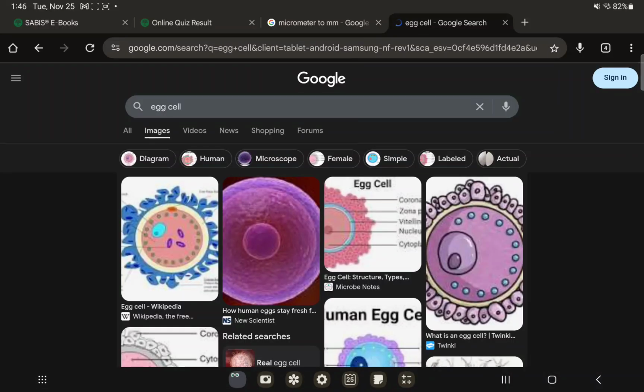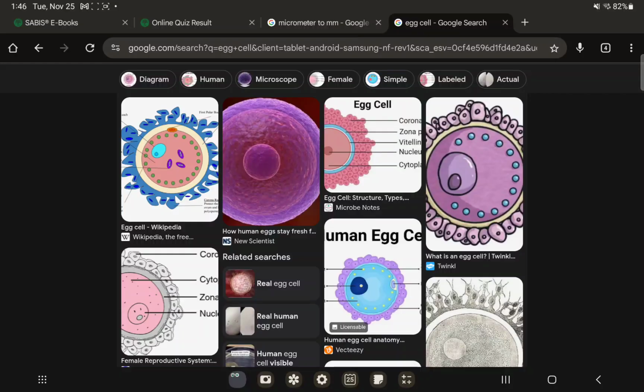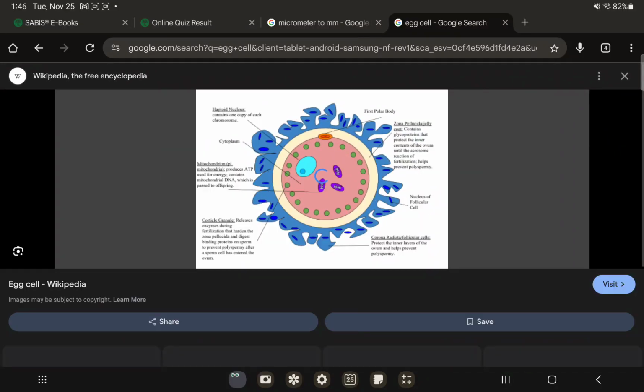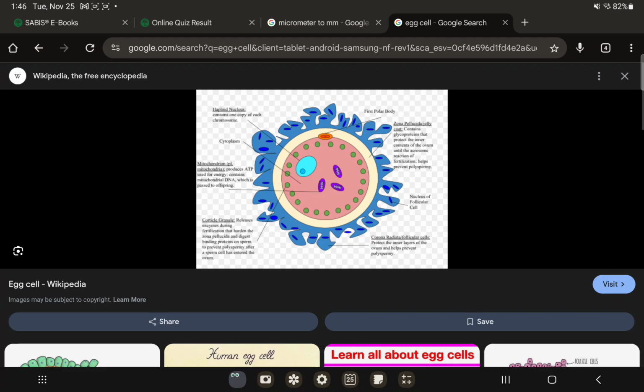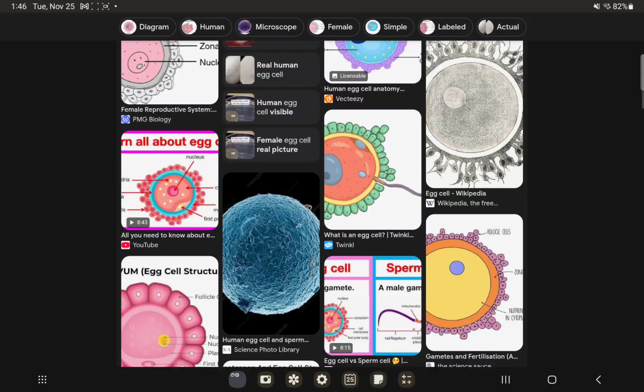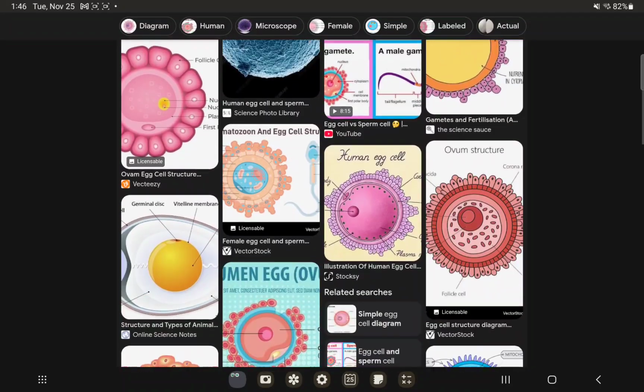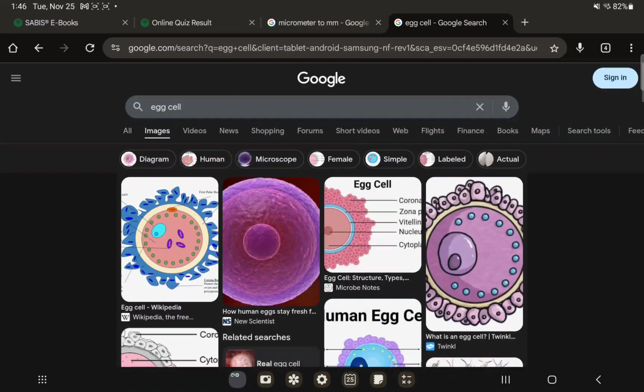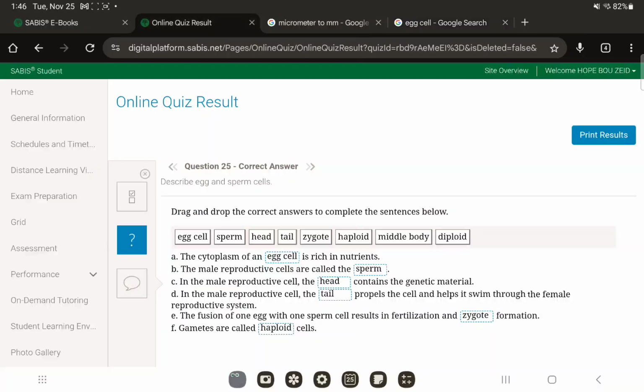When one of them reaches the egg cell, reproduction will happen, and I think it's called zygote formation. So yeah. The fusion of one egg with one sperm cell results in fertilization and zygote formation.